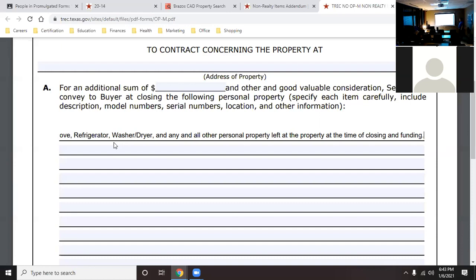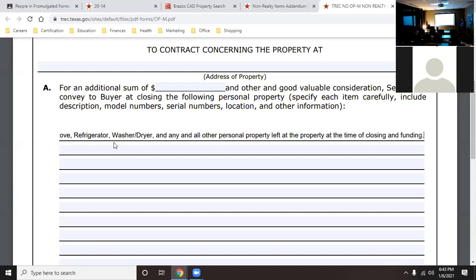But in a sale where the client is leaving the property, you want to include that last part, because if the client does not move out after closing and funding, everything in the property is now the buyer's.